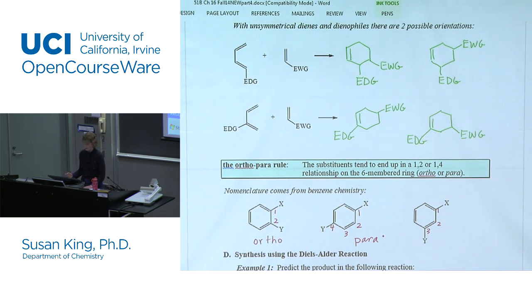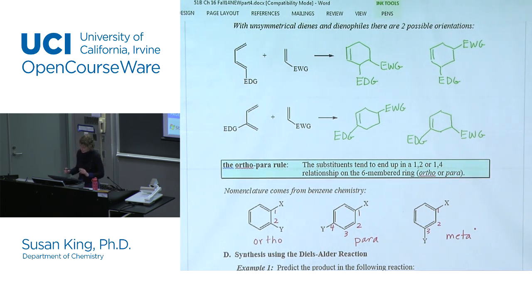And when it's a 1-3 relationship, we call that meta. We're borrowing from this nomenclature and calling this the ortho-para rule. The substituents end up in a 1-2 or 1-4 relationship on the six-membered ring, so that the electron donating group and the electron withdrawing group are either ortho or para to each other.